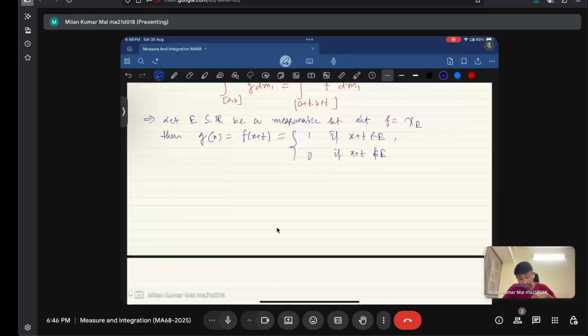This is the characteristic function on E minus t. This is the set.